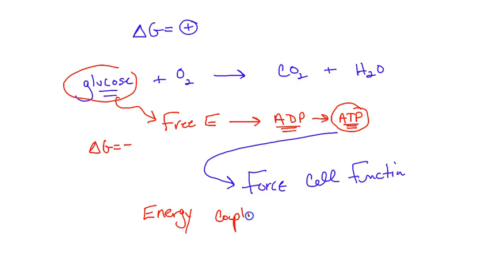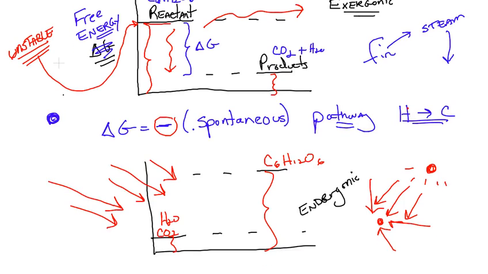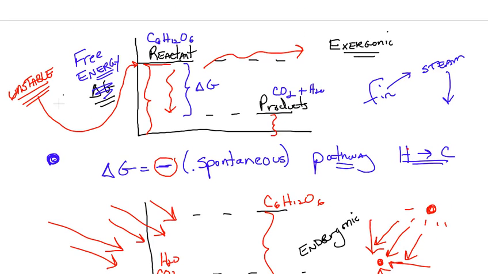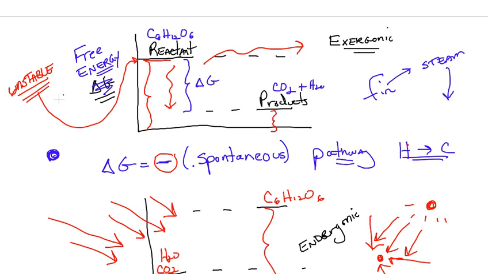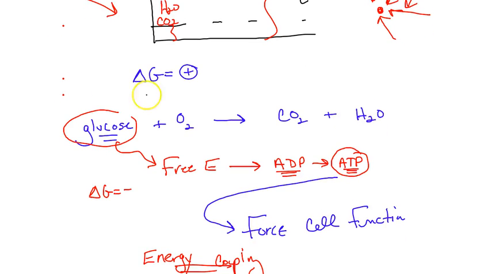This is what the body does. It takes something that spontaneously breaks down, in the case of glucose, the top one here, spontaneously breaks down and gives off free energy. We tap that free energy, and we use that free energy to make something that is not spontaneous, which is ADP into ATP. So we're forcing ADP into ATP.